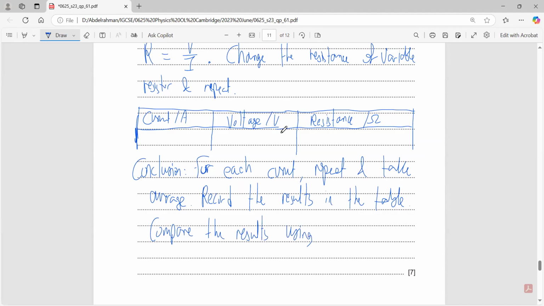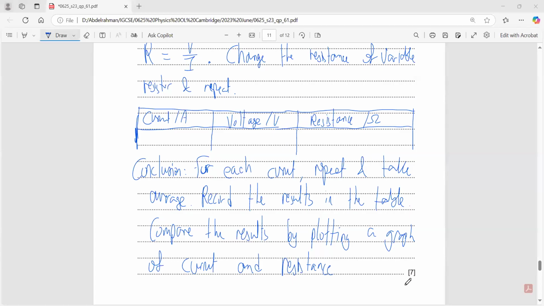Compare the results by plotting a graph of current against the resistance. Okay, all good.